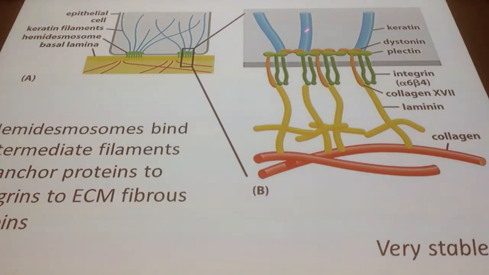And then on the intracellular or cytosolic side, the cytosolic domain of the transmembrane adhesion protein anchors onto the cytoskeleton, but via the intracellular anchoring proteins. So those are the 3 components. Adhesion protein, extracellular protein, and the cytoskeleton. Okay. So that's a desmosome.